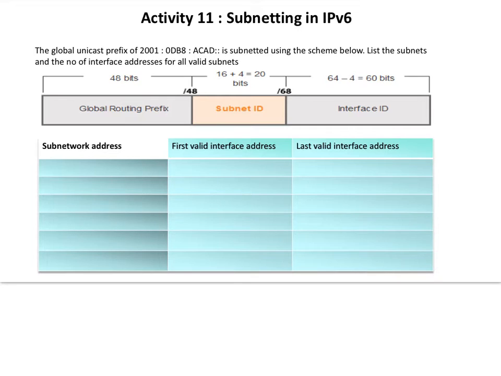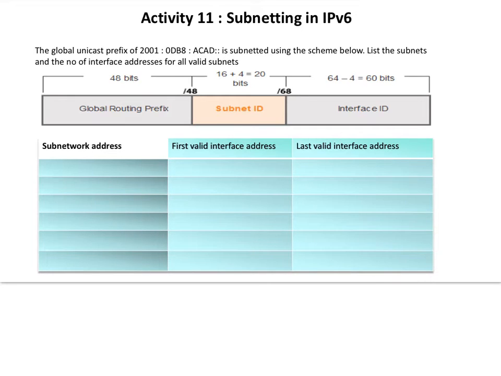So we'll finish the subnetting for IPv6. And as we said last time, subnetting for IPv6 is exactly the same, and it's supposed to be a little bit easier actually. So we just need to be careful with two small rules.